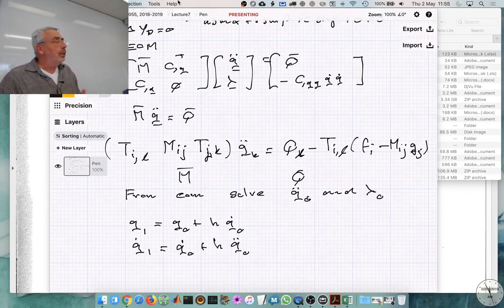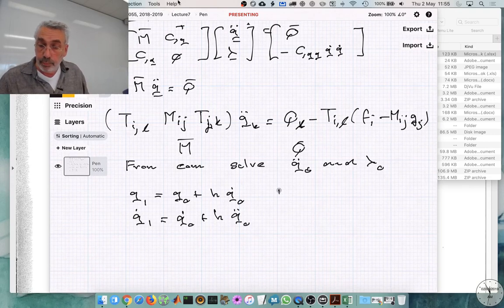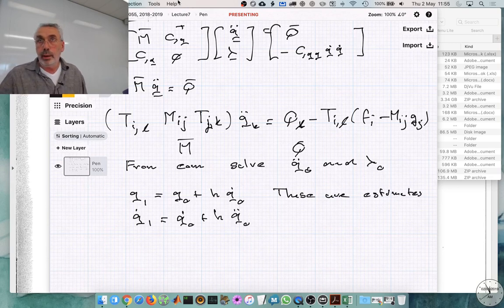Now, that's all very fine. But now if we check, these are estimates. You've seen in your previous homework that if you use numerical integration, it's always an estimate. There's always some error. So since these are estimates, if you then put these values in the constraint, so if you then calculate what is ck of q of this q1, then probably it's not equal to 0.